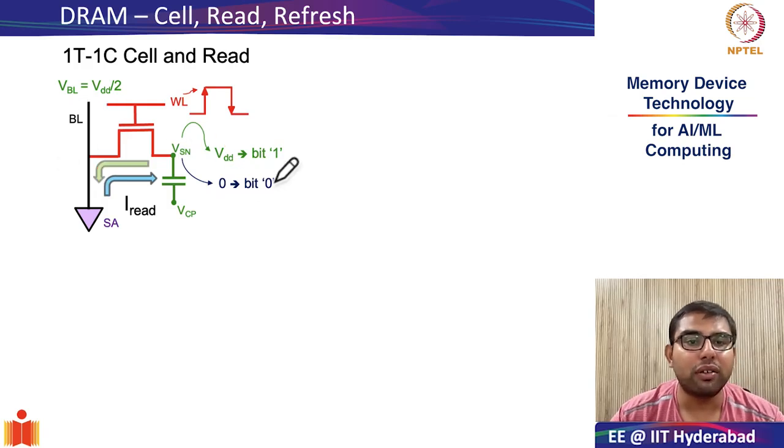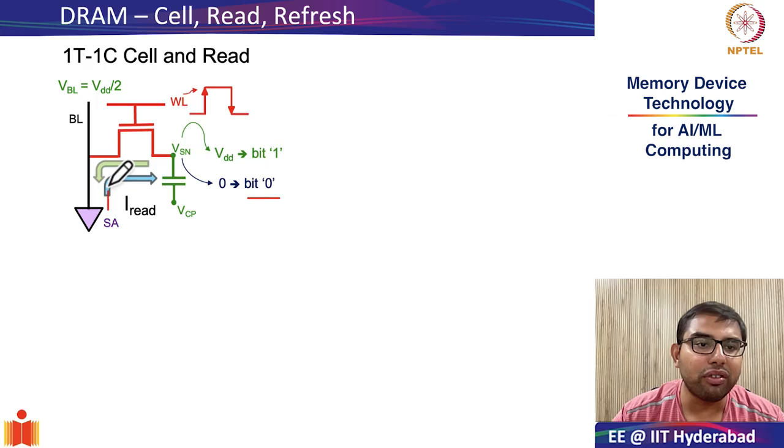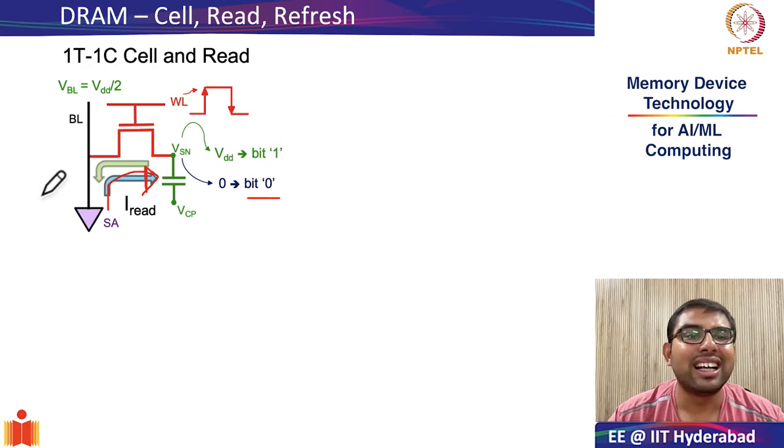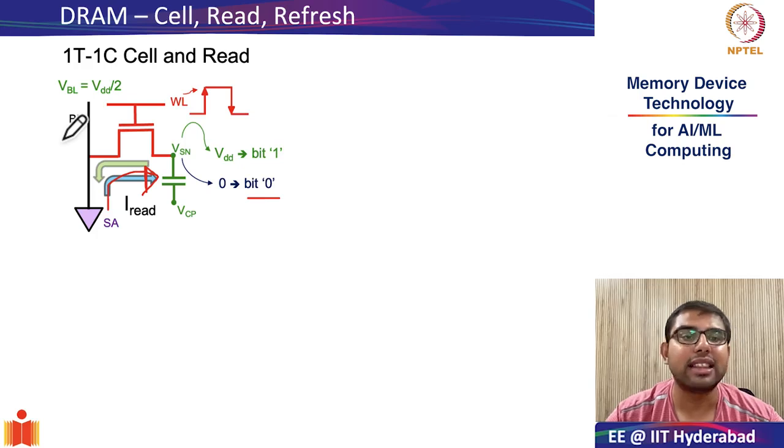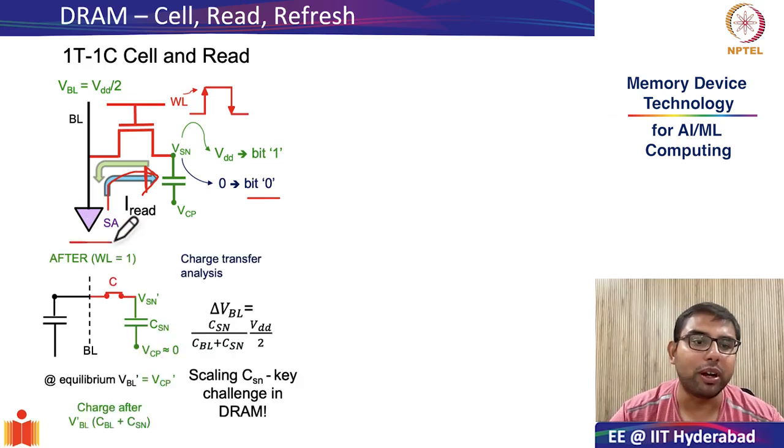Whereas if the value was 0, then there will be a negative gradient. So current or read current will flow into the storage node. And any such positive or negative read current will charge or discharge the bit line, and therefore that can be detected from your sense amplifier.